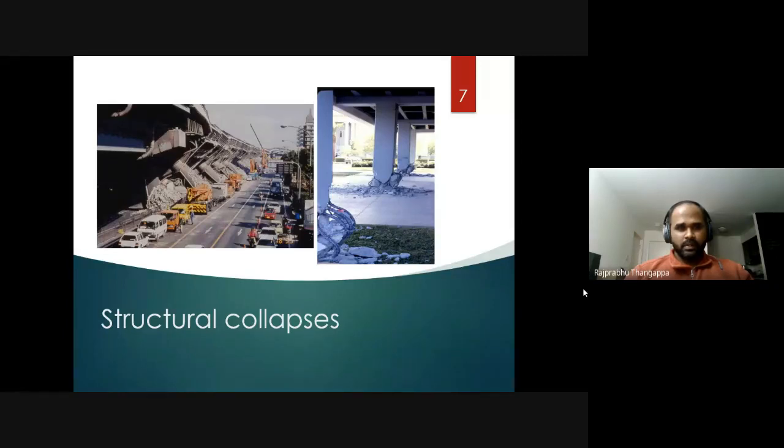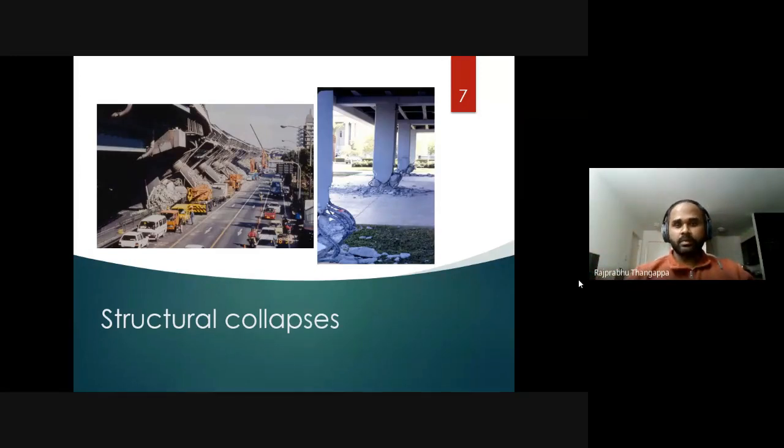On the left, you see a bridge which has completely collapsed, and this might be due to inadequate design, probably. At the base of the column, there would have been not enough anchoring of these reinforcements, maybe due to the heavy weight of the structure.